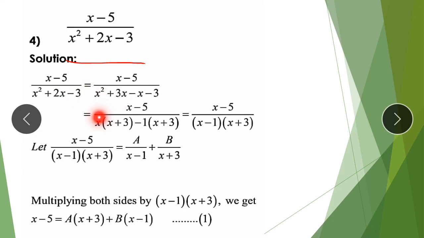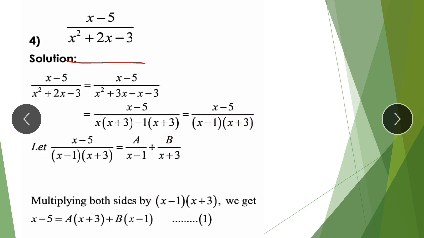Then x is taken common and minus 1 is taken common, and we have now this in linear form. See here the denominator is in quadratic form, but this can be converted into linear form by factorization. So hence the denominator is what? Non-repeated linear factors.